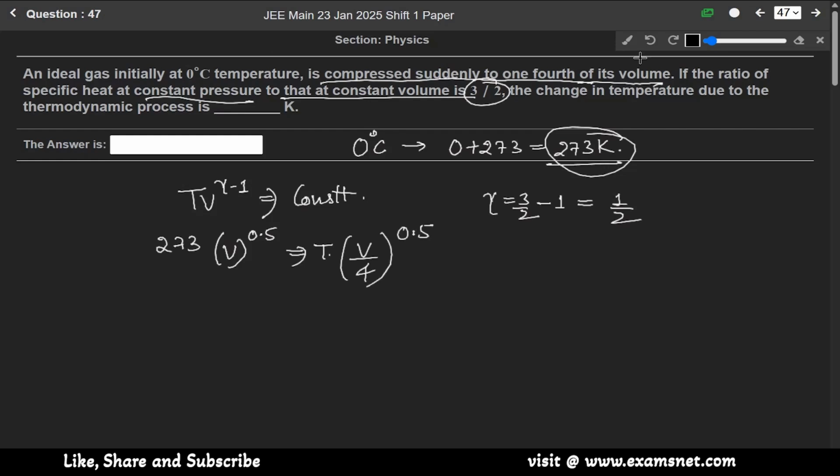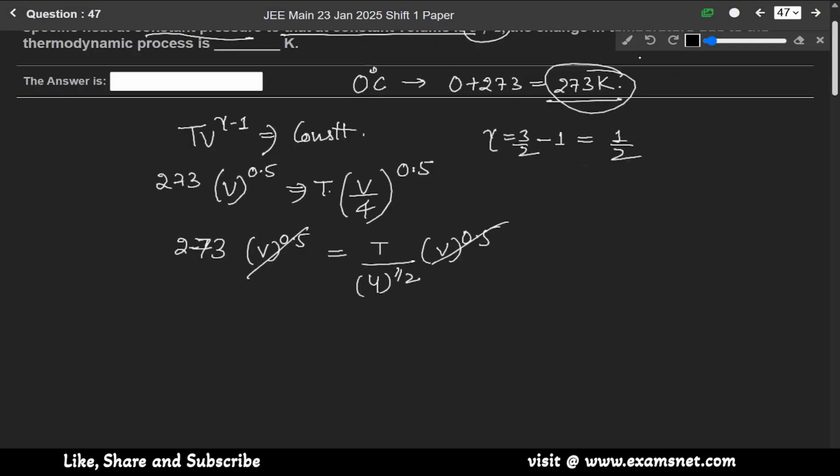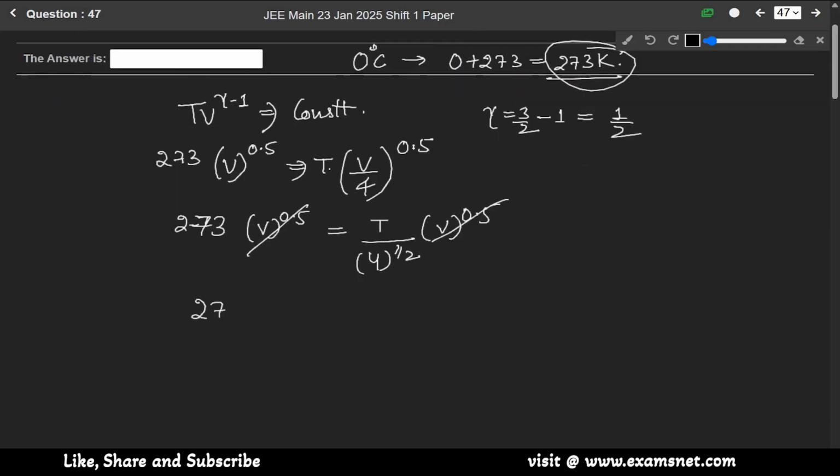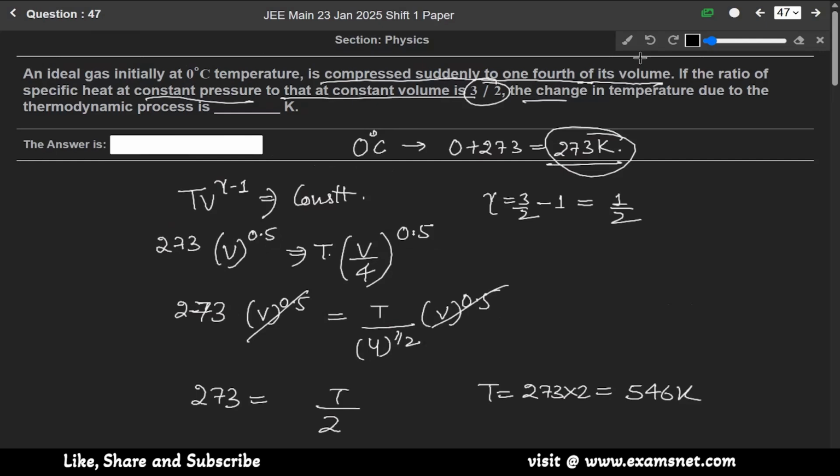So when we solve it we get 273 into V to the power 0.5 equals T over 4 raised to the power 1 by 2 into V to the power 0.5. So this cancels out, 4 raised to the power 1 by 2, so it will be 1 by, sorry, T by 2. So T will be 273 into 2 means it will be 546 Kelvin.